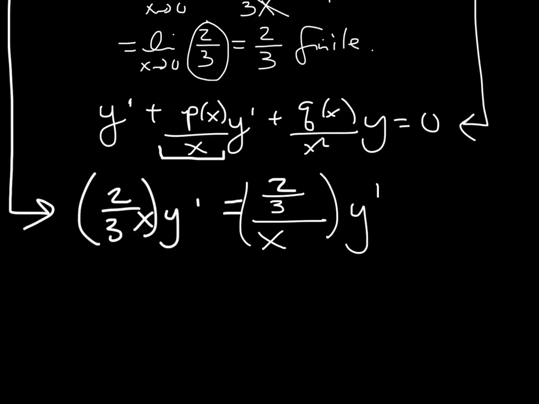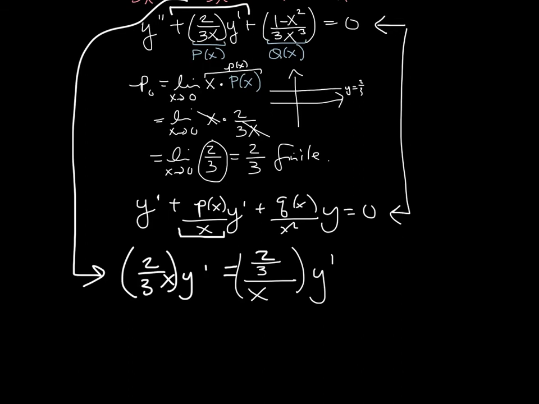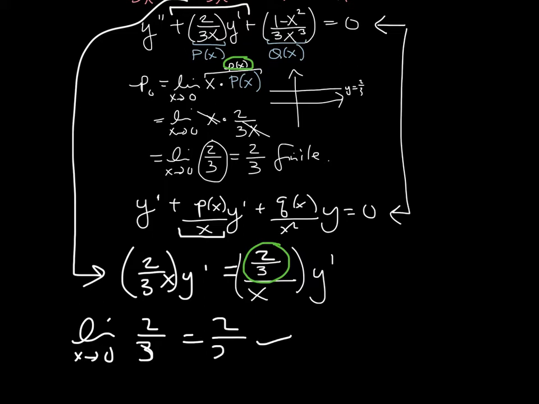So my little p of x, that p of x, is really this here. So if you take the limit as x approaches 0 of 2/3, then of course you get 2/3.